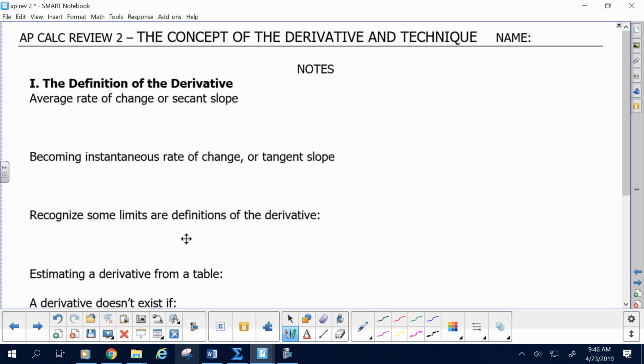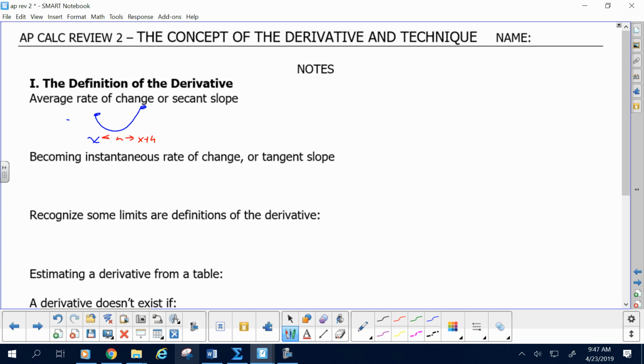Okay? So, average rate of change, or secant slope. You would maybe make 3 different cases. Say you looked at the change between this point, which was just x, and then you went a gap of h away to x plus h.